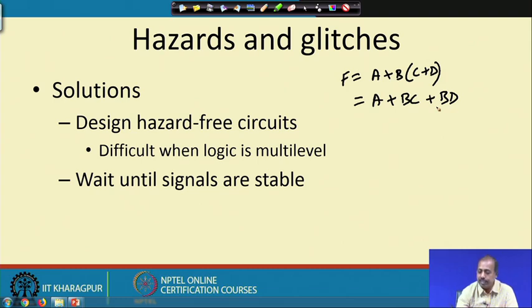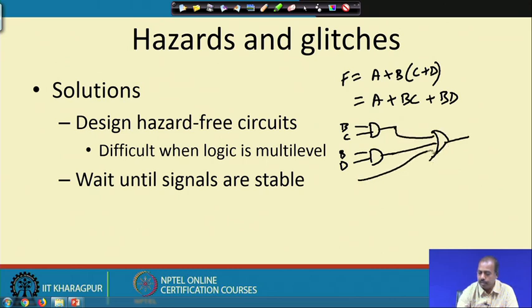If I realize it like this, I have one AND gate which is B C, another AND gate which is B D, and then an OR gate where this line and A are connected. This is F. This realization has two levels. The first level consists of the AND gates, the second level consists of the OR gate.